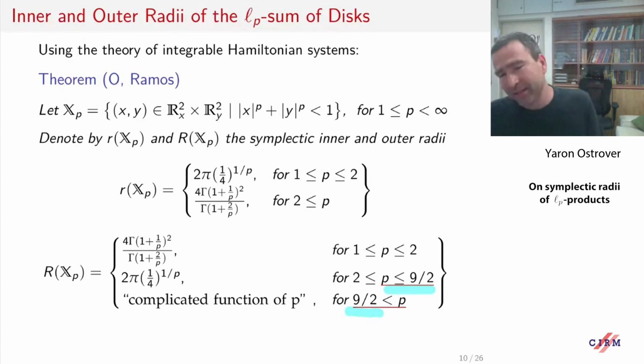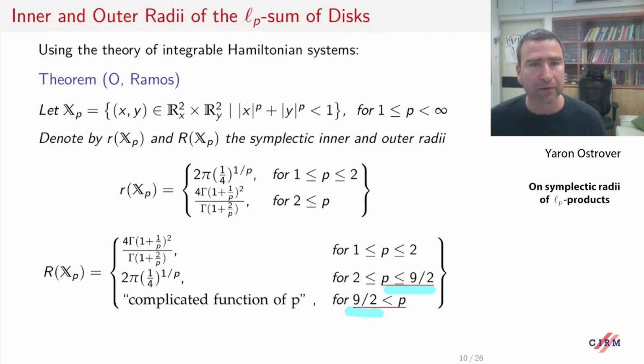I will explain in a second how we ended up with these numbers. But a priori, just by thinking about the Hamiltonian dynamics, you don't see immediately how to get this number. But in a second, I believe it will be clear.